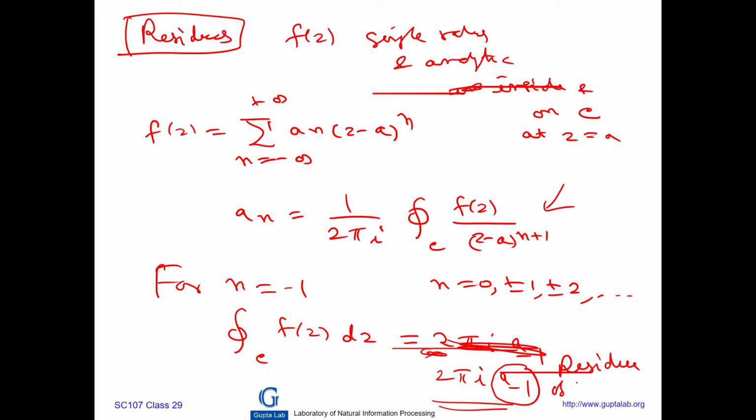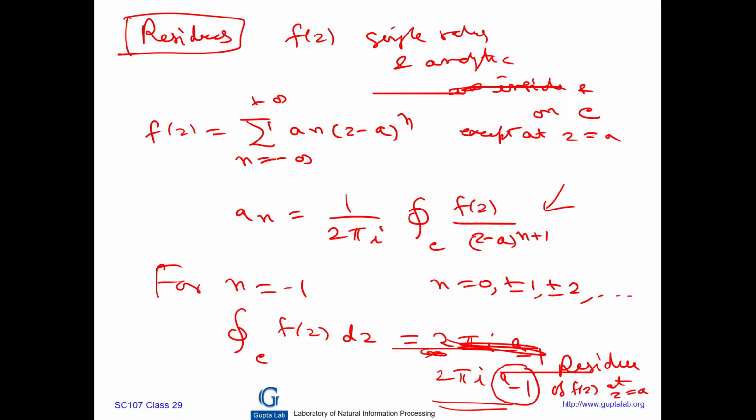Residue of f of z at z is equal to a. I forgot to write except at a. Here f of z is a single valued analytic function inside and on a simple closed curve C, except at the point z is equal to a, which is a singularity.